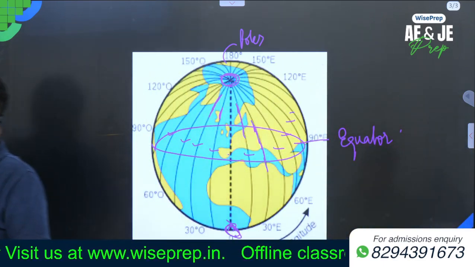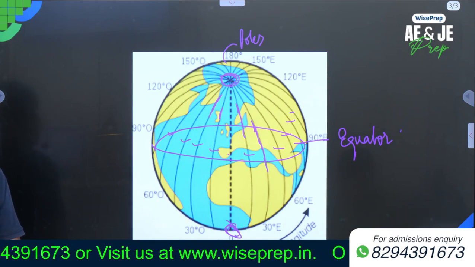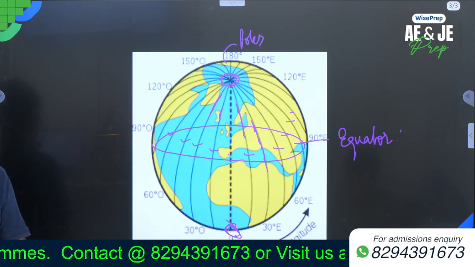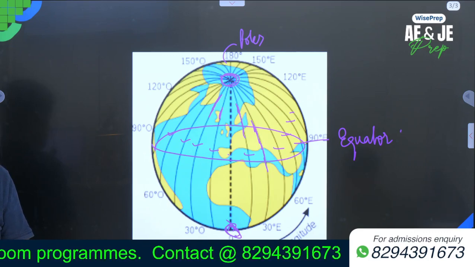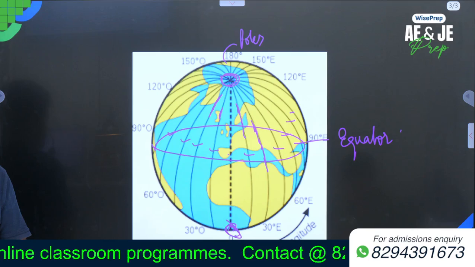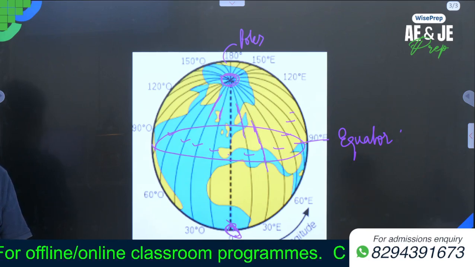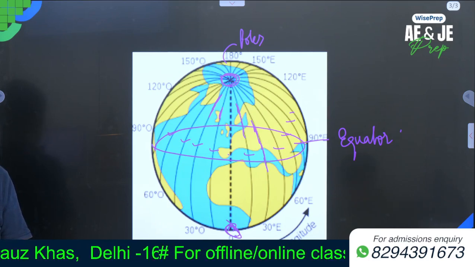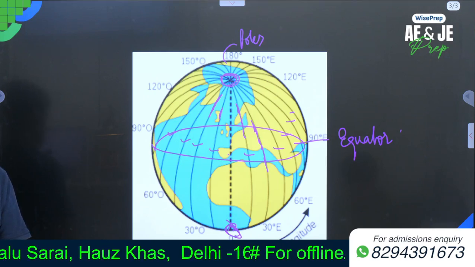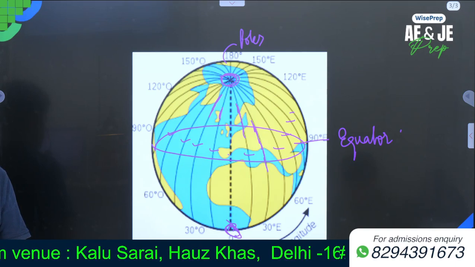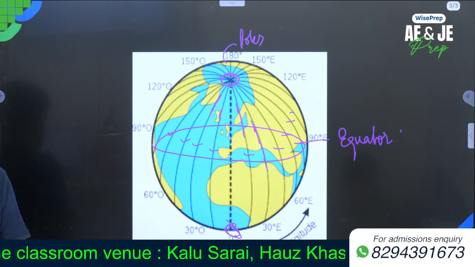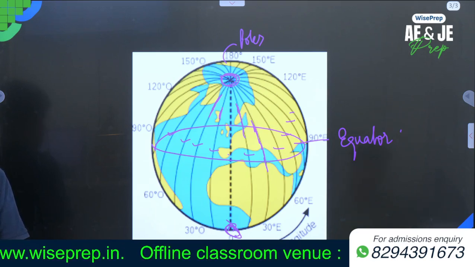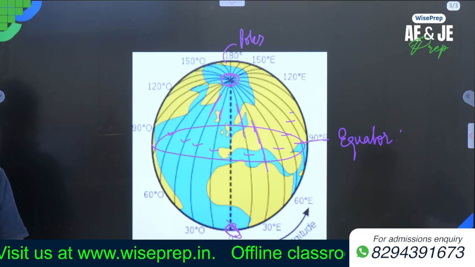Write down meridian: any line passing through two different fixed points is called a meridian. Written.